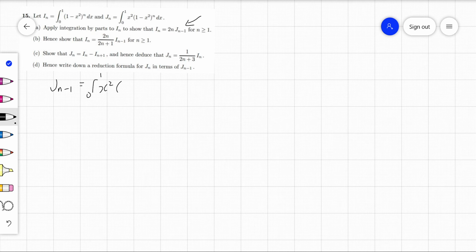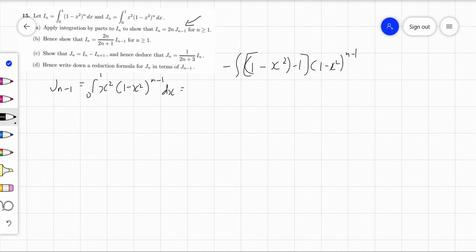I've got x squared, 1 minus x squared to the n minus 1 dx. If I break that x squared up, I want it to be like the bracket, so I'll put a negative at the front, and I want to add 1 and minus 1. There we go, so it's still positive x squared, and then I've got 1 minus x squared still, n minus 1.